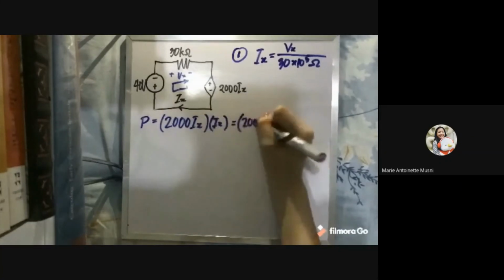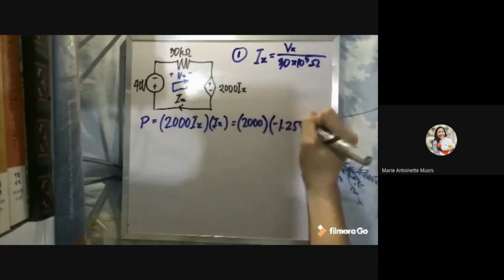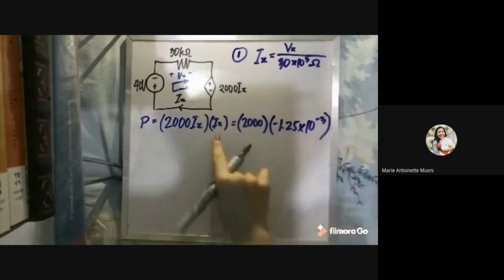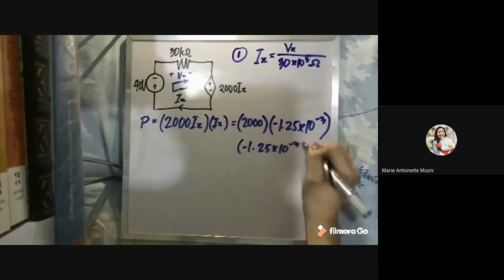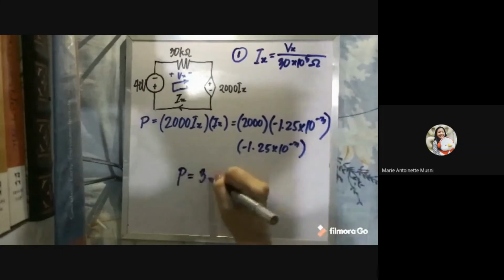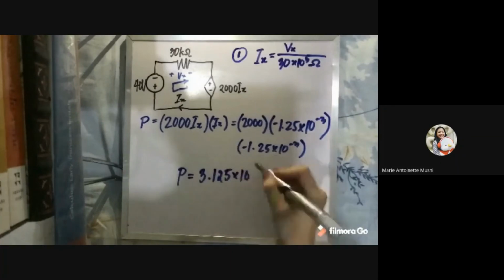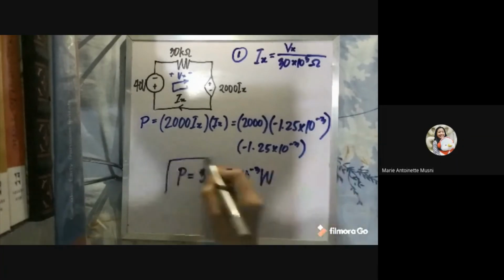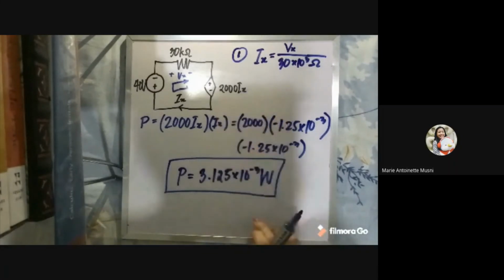That's 2000 times Ix, which was negative 1.25 times 10 raised to negative 3, times another Ix, so times negative 1.25 times 10 raised to negative 3. That is going to give us a power of 3.125 times 10 raised to negative 3 watts. Since it's a positive sign, our power is being absorbed by our dependent source.